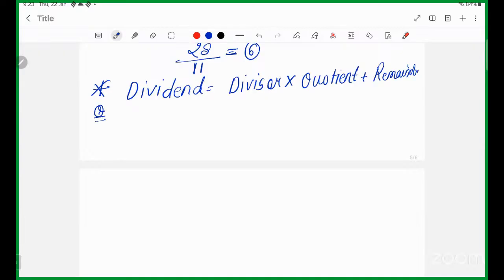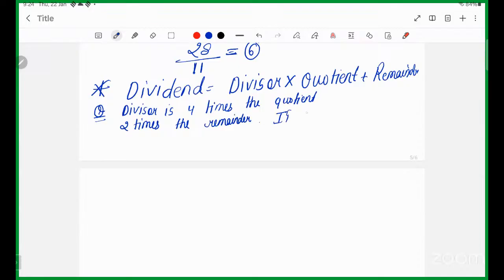If in a question it is given that in a division problem, the divisor is 4 times the quotient, and the quotient is 2 times the remainder, and if the remainder is 32, find the dividend.